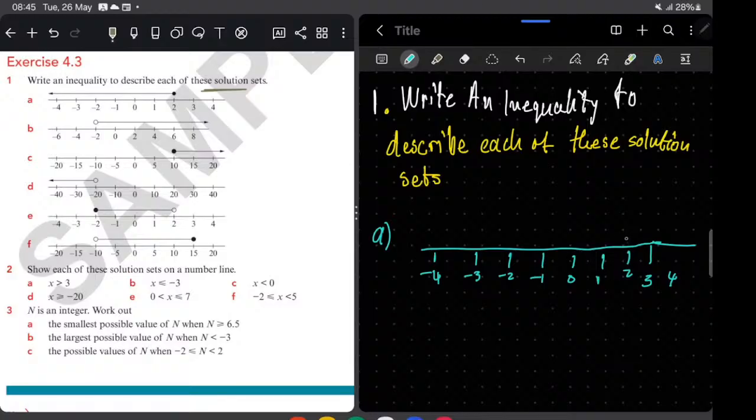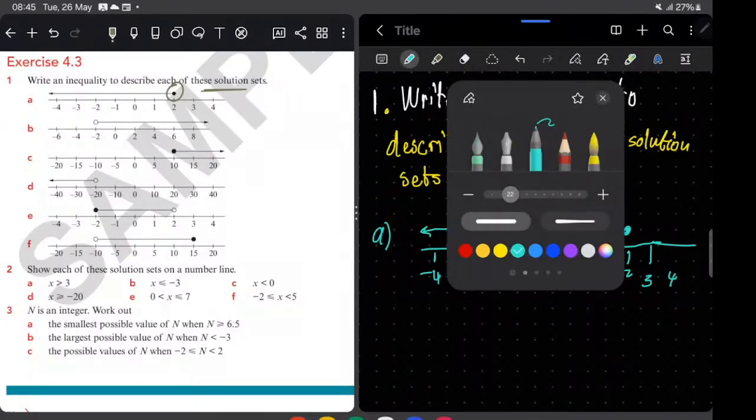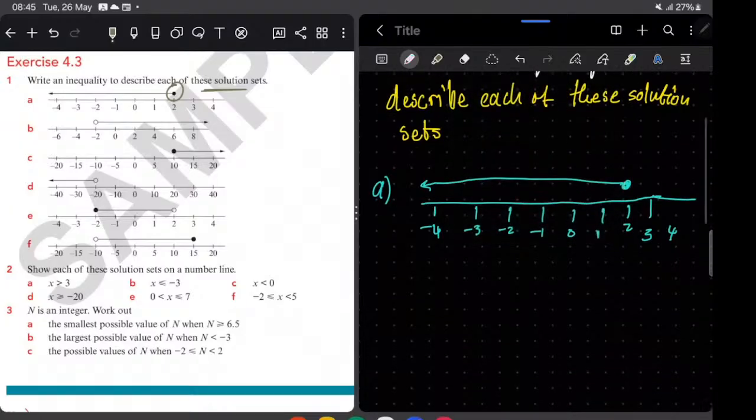Then you can see that this circle here was at 2, and it was pointing to the left to the end of the number line, and it kept going. And I was telling you that when you have an arrow like this, it means it goes on forever. It keeps going on and on.